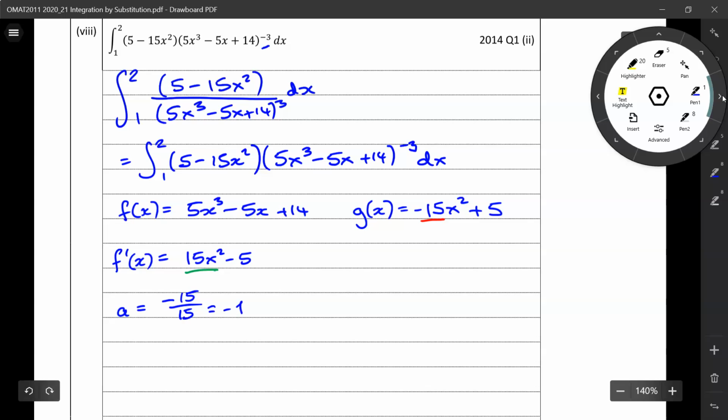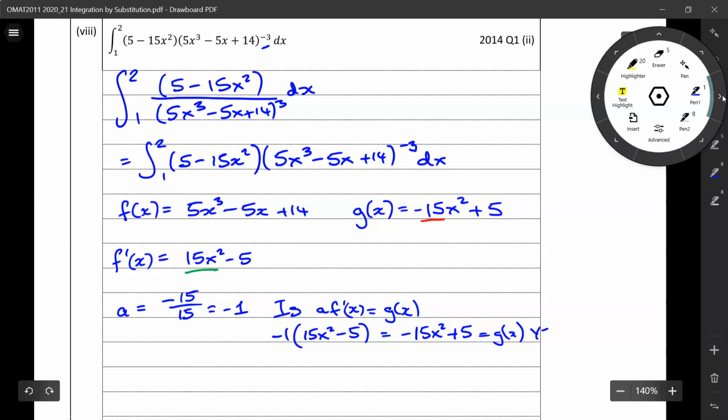That gives us a value for the ratio of minus 1. So then the question is, is a times f prime x equal to g at x? a is minus 1, f prime x is 15x squared minus 5. That's equal to minus 15x squared plus 5. So that is equal to g at x.